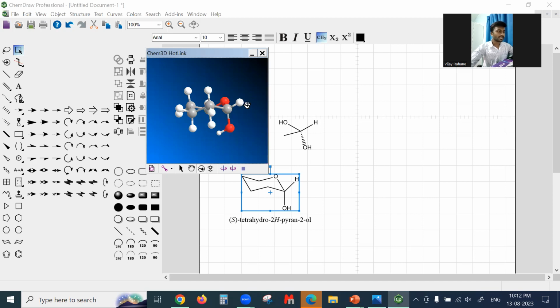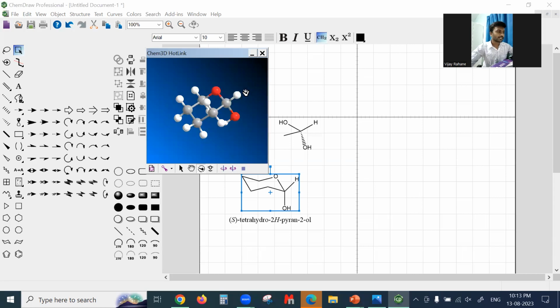If you look from the hydrogen side, I'll just bring the hydrogen in the front. See, this is 1, this is 2 and 3. This is clockwise, right? So we need to invert, because we are seeing from the side of hydrogen.